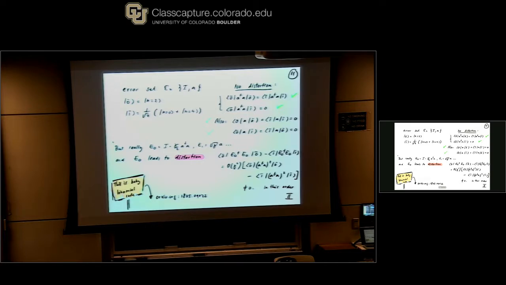I think there's still a distortion. If you consider all the higher order terms, you still get a distortion. There still is a distortion for this set.